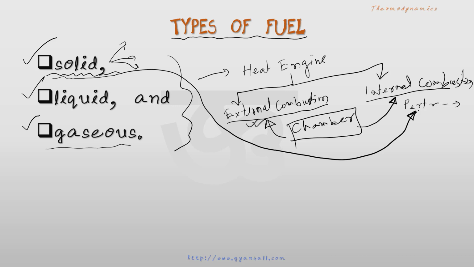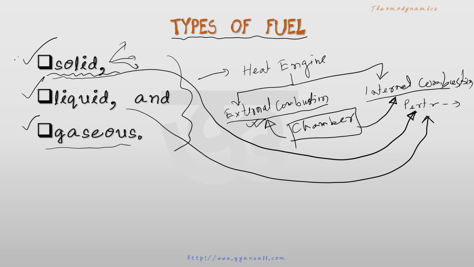That residue has to be removed from time to time from the chamber of the internal combustion engine. That is another difficulty using solid fuels. And that is why in all internal combustion engines the fuel used is either liquid or gaseous.